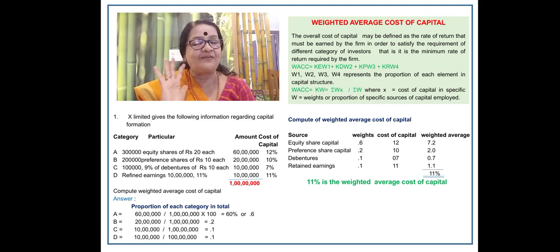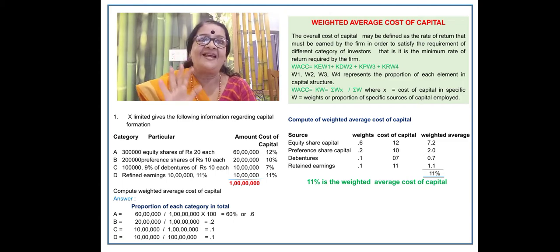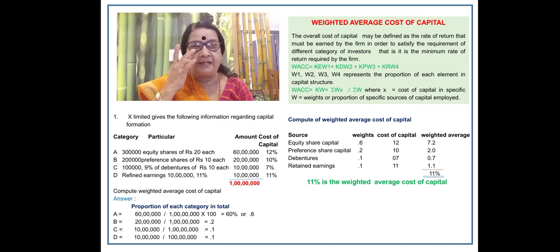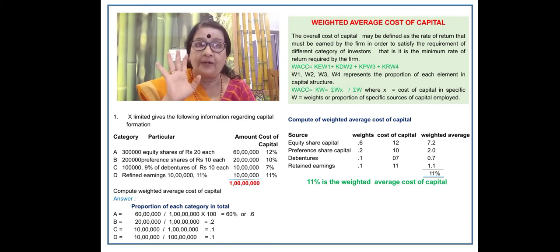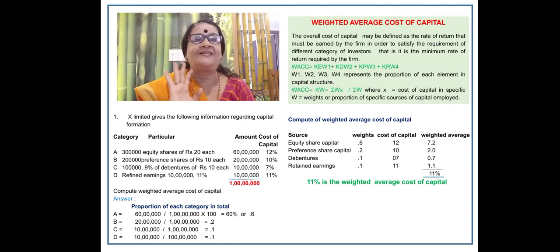The overall cost of capital of the firm may be defined as the rate of return that must be earned by the firm in order to satisfy the requirements of the different categories of investors. Once again, I will tell you, the rate of return that must be earned by the firm to satisfy the requirements of the different categories of investors.